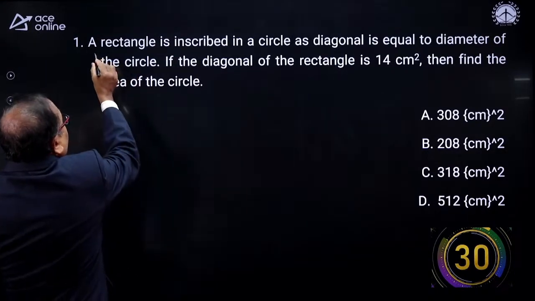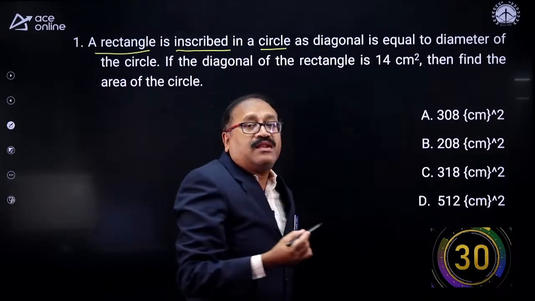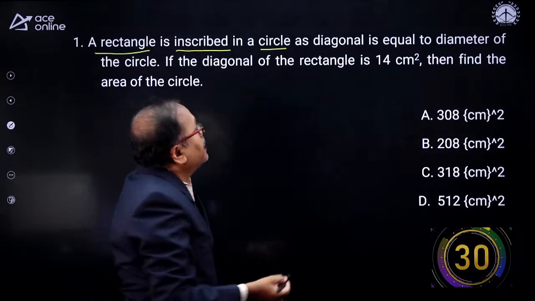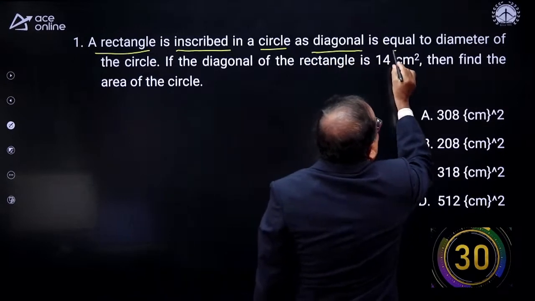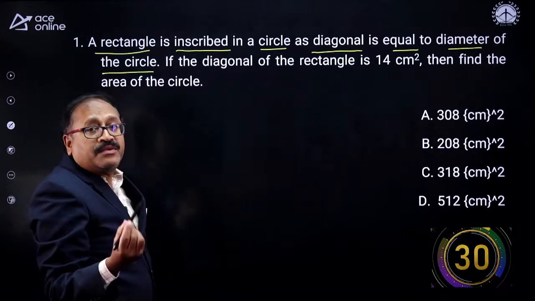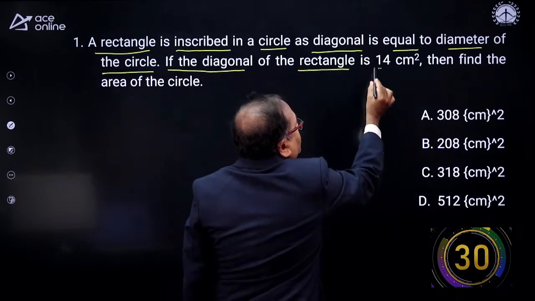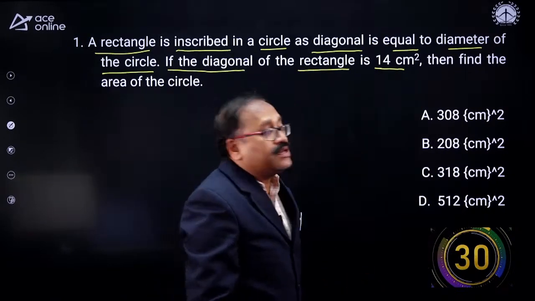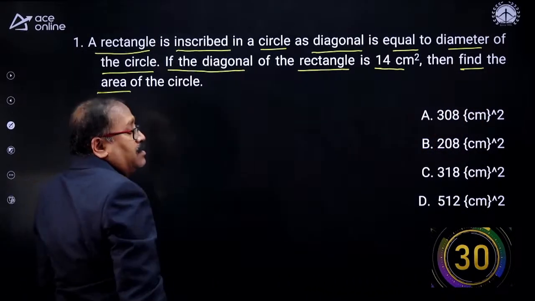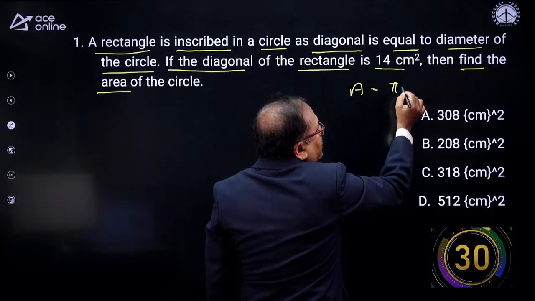Here a rectangle is inscribed in a circle. Inside the circle, a rectangle is inscribed, Sai, and the diagonal is equal to the diameter of the circle. We are understanding that terminology. If the diagonal of the rectangle is 14 centimeters, then find the area of the circle. To get the area, we know A is equal to pi r square.